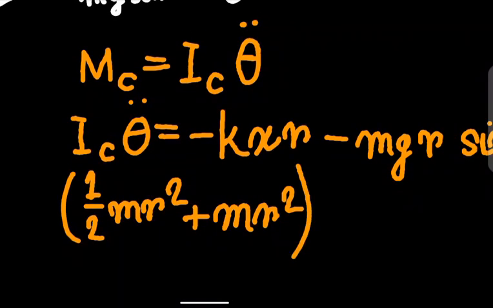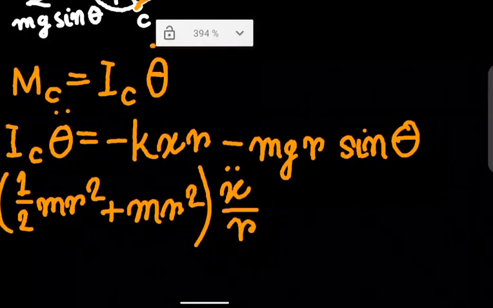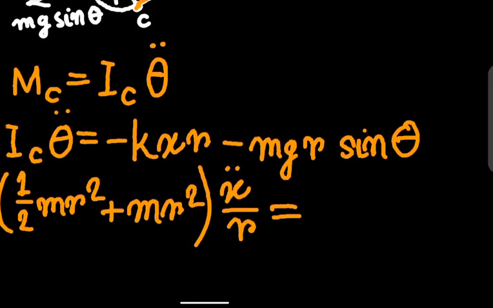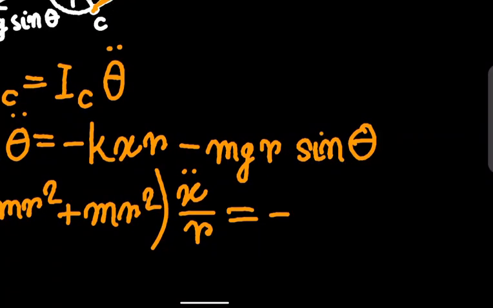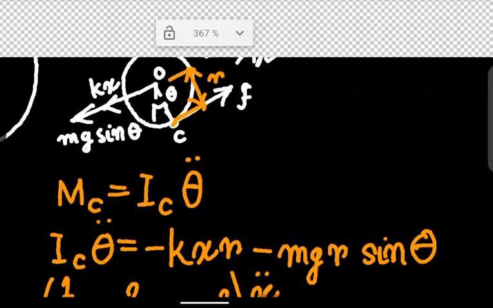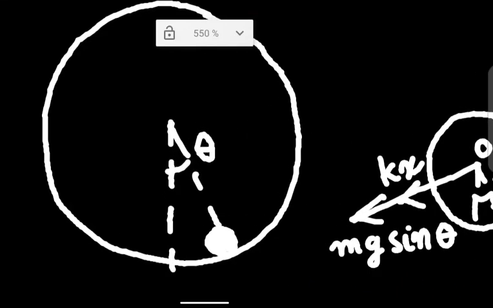And about this theta double dot, as it is pure rolling, we can simply write this as x double dot, where x is the linear acceleration, is equal to, you can take the r in common. And another thing, what is sine theta?